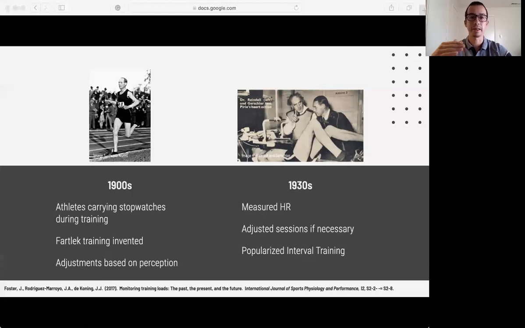Now, if they saw that heart rate wasn't coming down to 120 during their rest, then they would adjust that session. So they would either decrease the pace or decrease the distance traveled, or they would even call the session off and call it a day for the athlete. These methods popularized interval training because of the simplicity to track the athlete's progress.